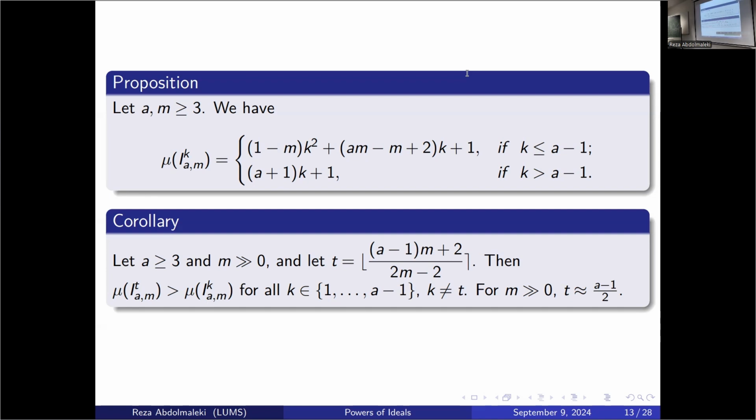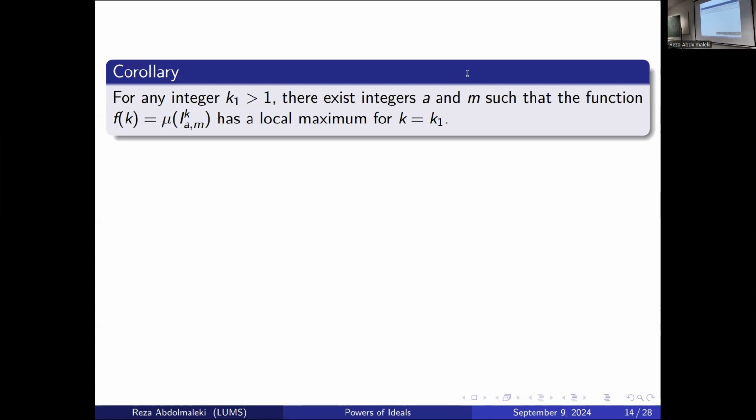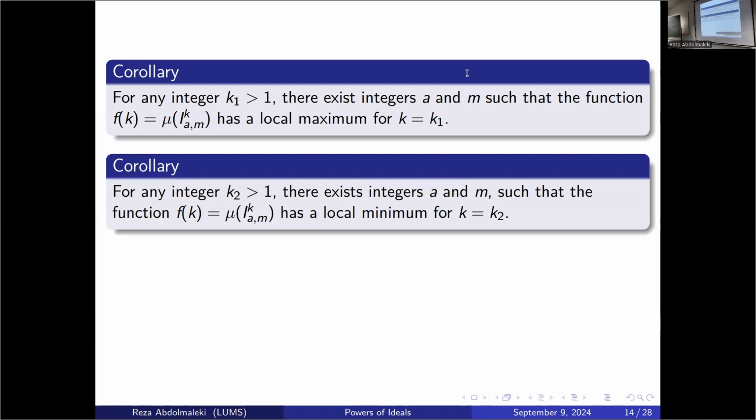So if you give me a number, I can provide you an ideal such that in that particular power, it has a local maximum, as well as if you give me another number, I can provide an ideal with a local minimum at that particular point.